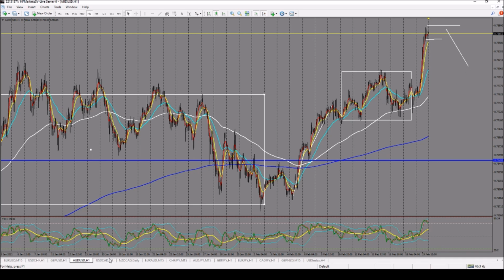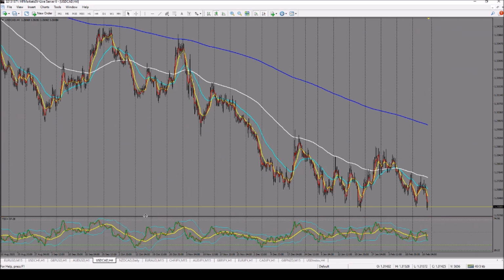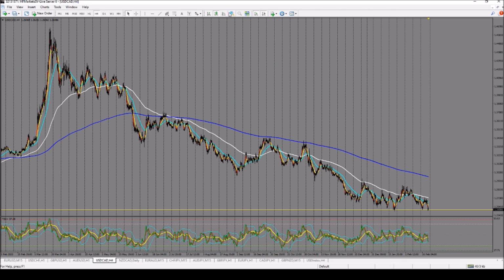Then my last pair to analyze today is USD against CAD. On USD against CAD, I'm going to start off on the H4 time frame, which actually initiated its impulsive moves at this point.